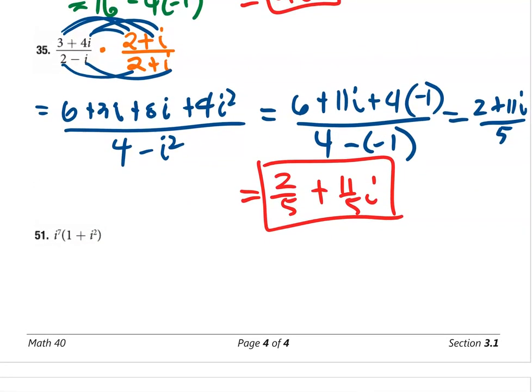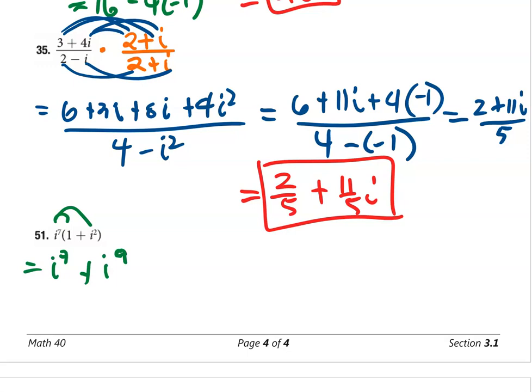Okay, last one. 51: i to the 7th times, if we distribute this, i to the 7th plus i squared times i to the 7th, where we add the exponents: 7 plus 2 is 9.